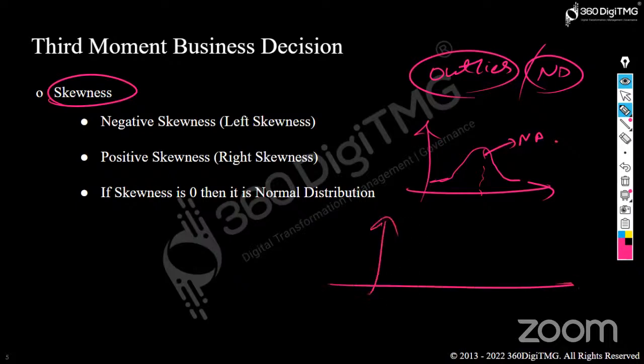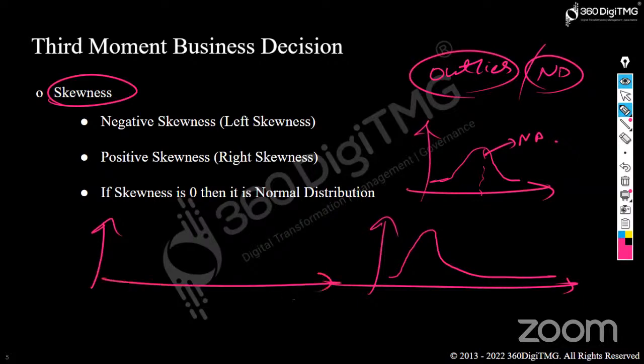Let's say, for example, sometimes you have a graph like this, where your mean value will be here. That means it is not normally distributed. You have so many outliers here.